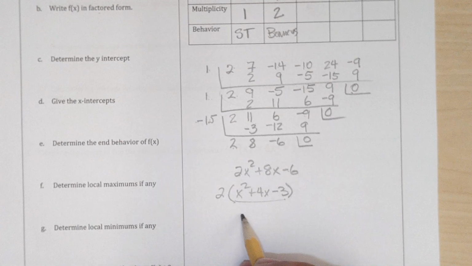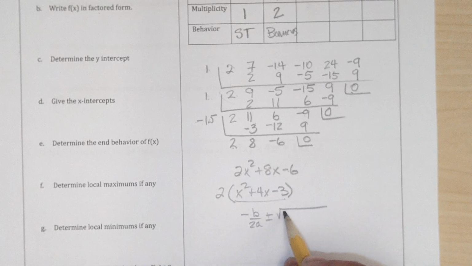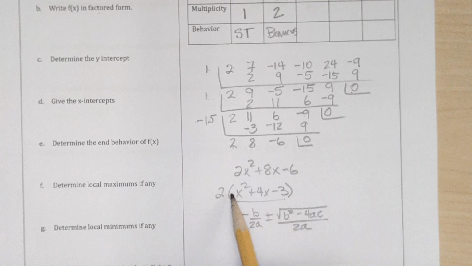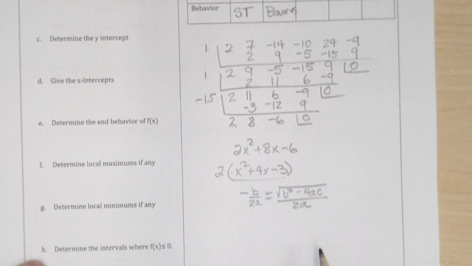Quadratic formula, of course, is negative b over 2a plus or minus the square root of b squared minus 4ac over 2a, where a is 1, b is 4, and c is negative 3.